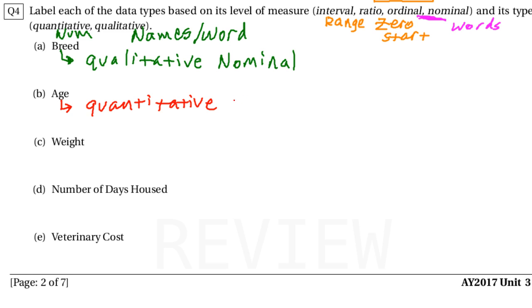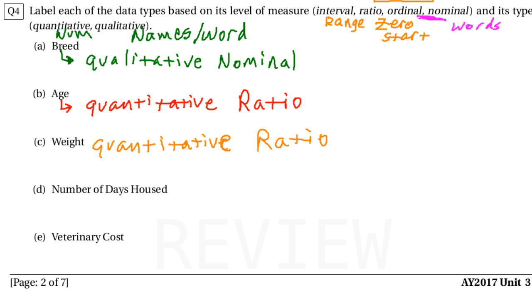You can be 0 years old, so this is going to be a ratio level of measure. If I take a look at weight, weight is going to be a quantitative variable, and for its level of measure, well, weight cannot be lower than 0, so it does start at 0, so it's also a ratio.